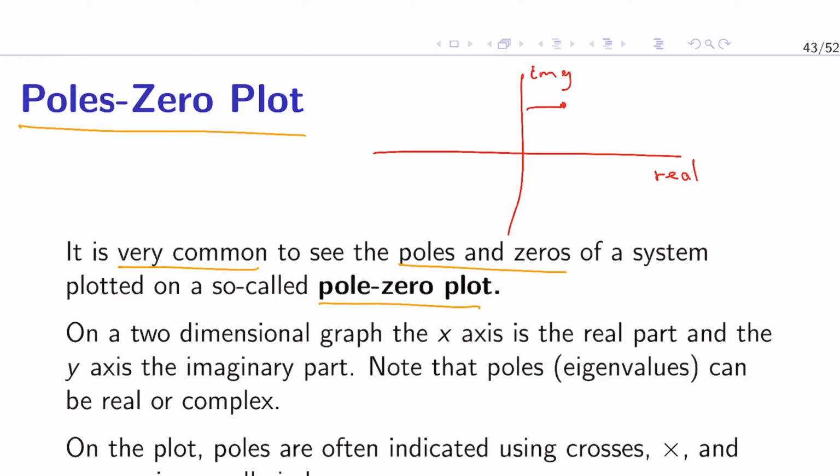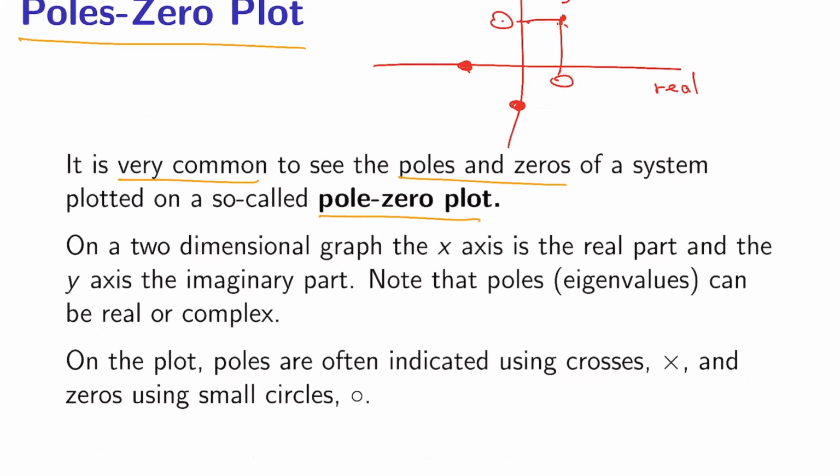So that means that this particular root had an imaginary part of this value here and had a real part of this value, okay? Now, if your root only has a real part, then it'll be on the real line. If your root has only an imaginary part, then it'll just be on the imaginary line, okay? So it's a two-dimensional plot, right?